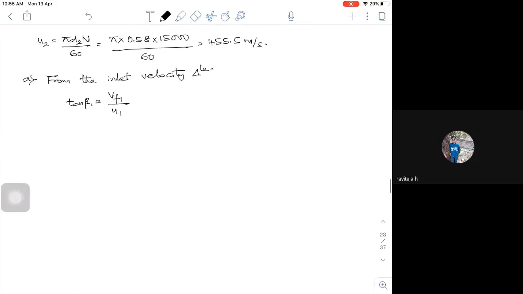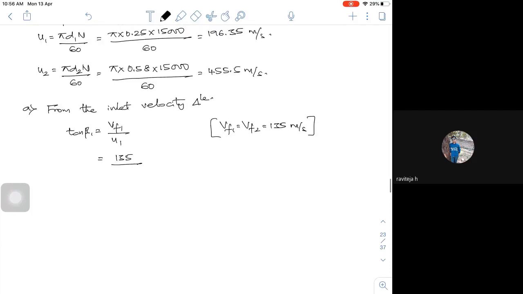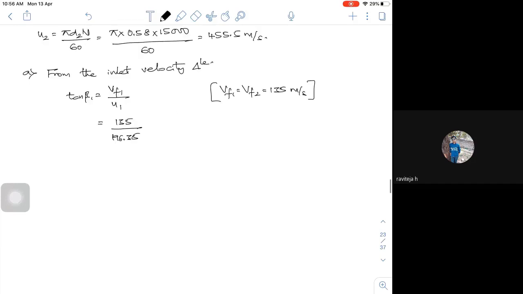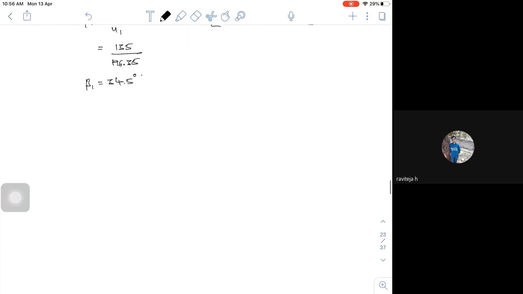So tan beta 1 is equal to 135. Vf1 is equal to Vf2. This condition prevails until they give what is the corresponding reduction in the flow velocity because of friction or something. So 135 divided by your corresponding U1, which is 196.35. Take tan inverse of it. I'm going to get my beta 1, which is 34.5 degrees.